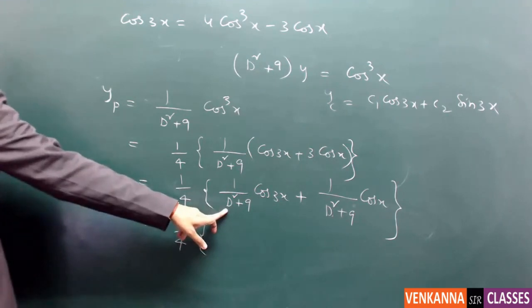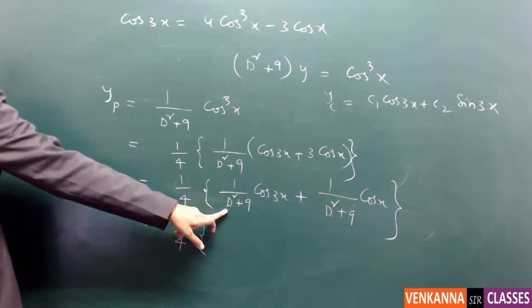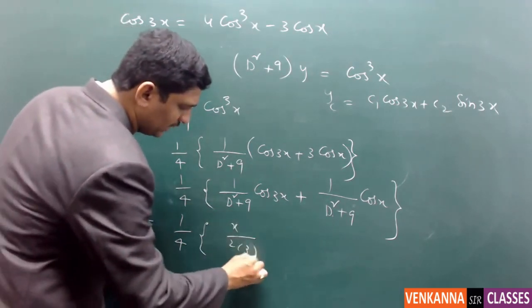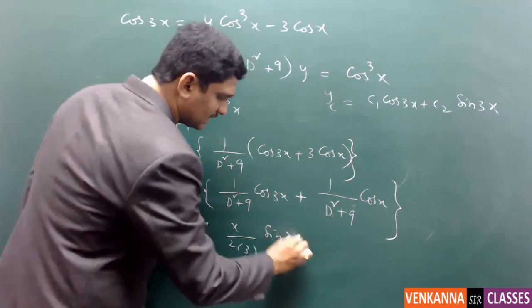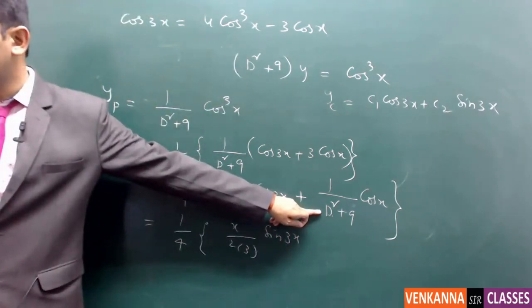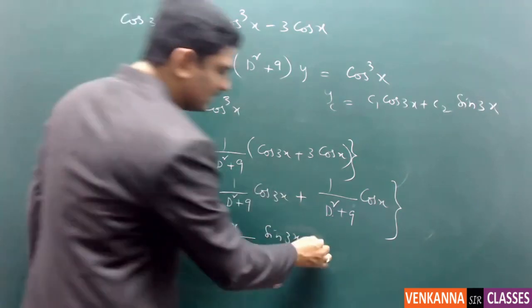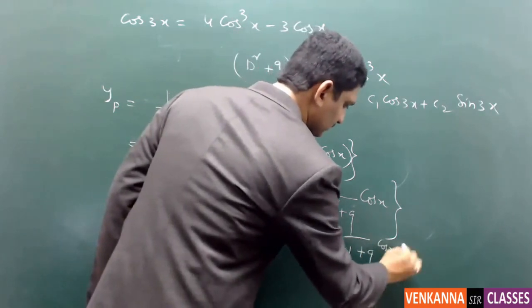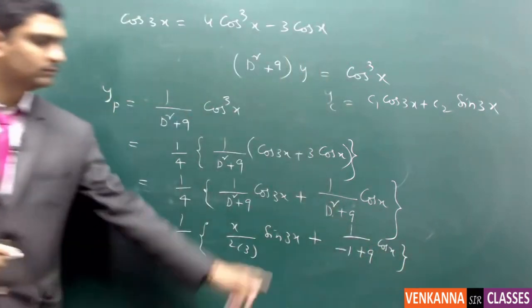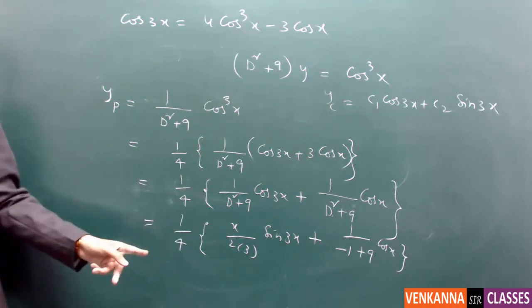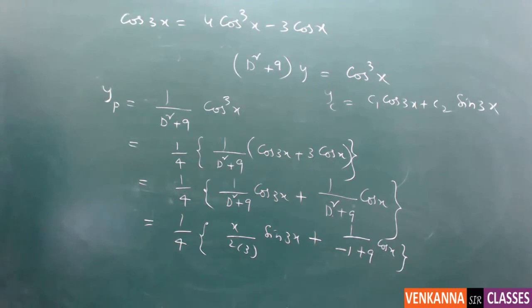So you are going to apply the formula there. So by applying the formula, you will have x by 2 into 3 sin 3x. Here you can replace D square with minus 1 square. The value will exist. So 1 by minus 1 plus 9 into cos x. So this is yp value. You can simplify it, no problem. And general solution is y is equal to yc plus yp. Okay.